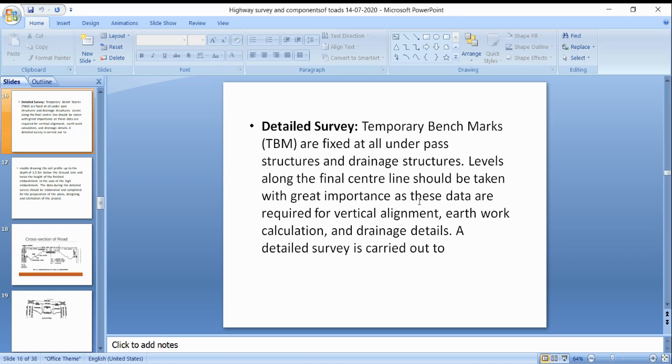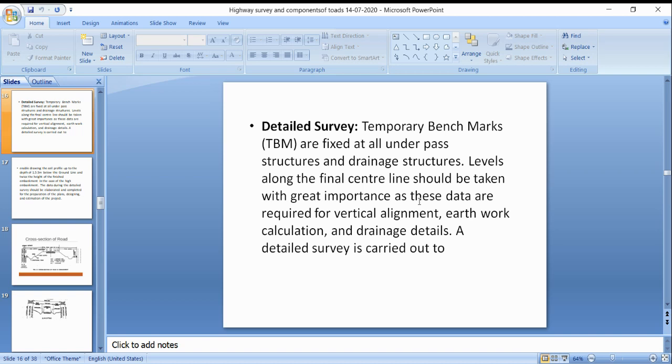We look for any valleys and points, or any permanent structures which are going to obstruct the alignment. Next, we see how many cross drainage works are to be provided and the maximum flood level. If it is a low lying area, what is the maximum flood level it gets.